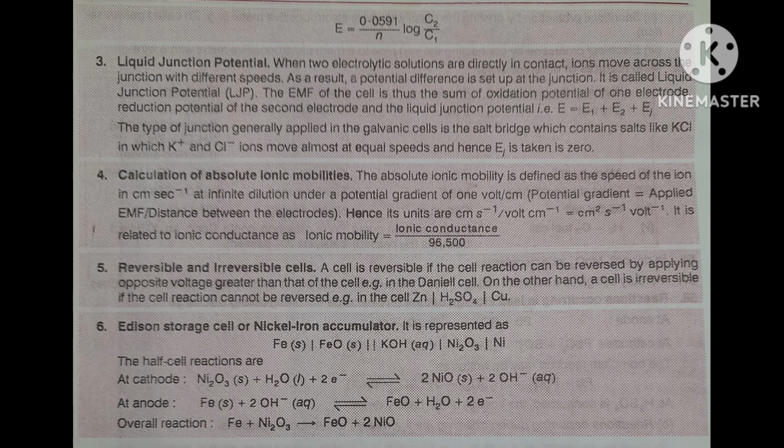Both are in H2SO4. You can write this cell as Zn | H2SO4 | Cu, meaning between the Zn and copper, H2SO4 is there. This is an example of an irreversible cell.